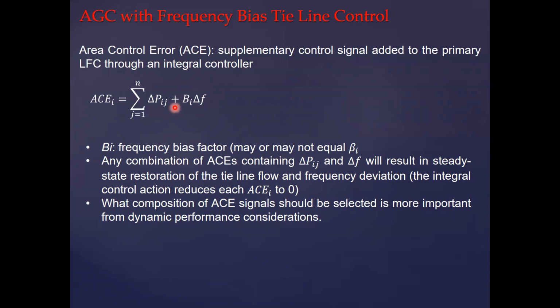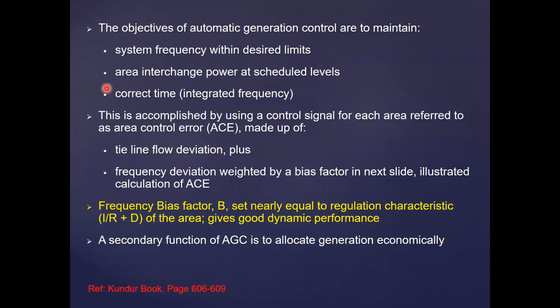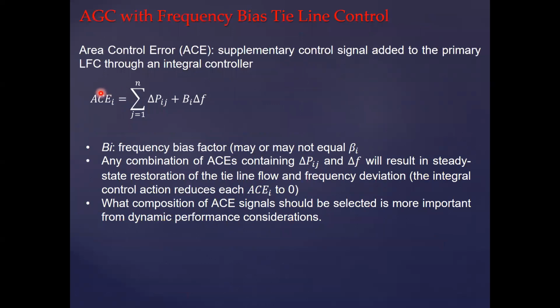So this composition of the relationship for the control signal design is based on this formulation: the tie line power flow and the frequency deviation weighted by a bias factor. So we have now the area control error signal written down mathematically. As I said, B i is the frequency bias factor. And here you can have, as I said, several areas.